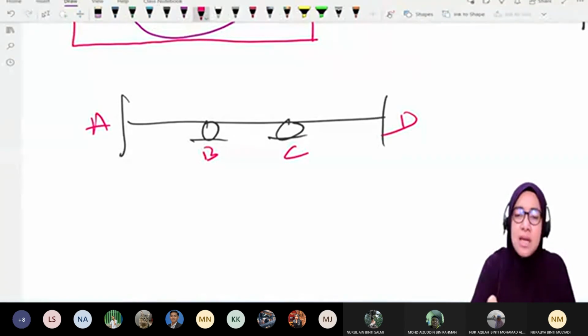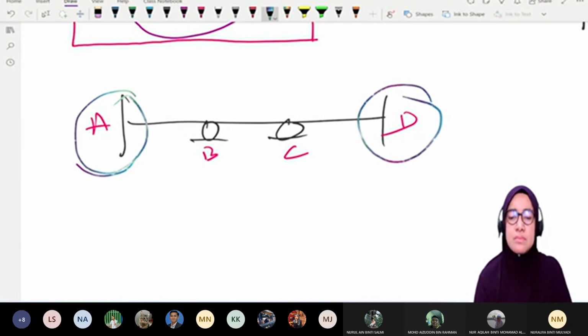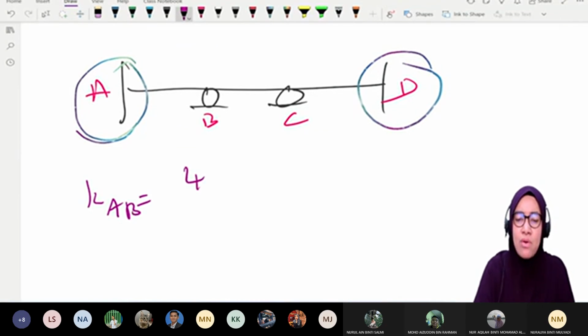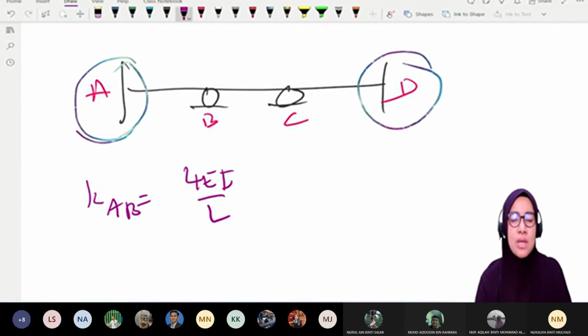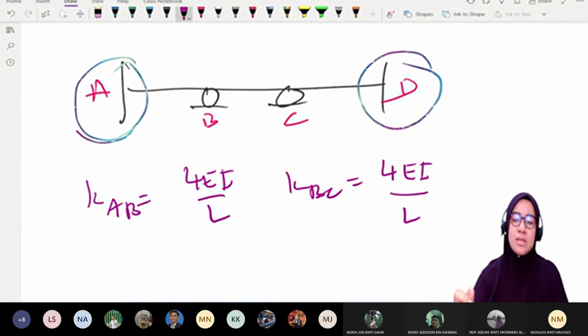In this case, it refers to A and refers to D. It means that when we want to calculate K for AB, we refer to A, so we use 4EI over L. When we want to calculate KBC, internal is always assumed fixed. Internal, KBC, is 4EI over L. We always use 4 for internal, because internal we assume as fixed.